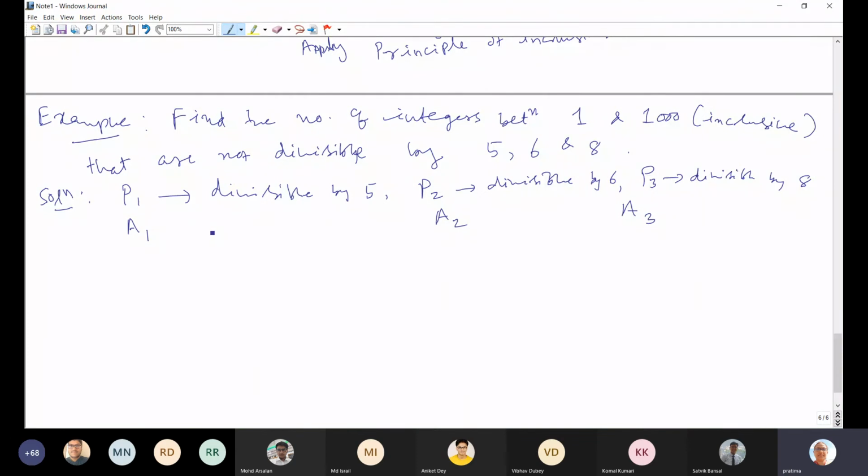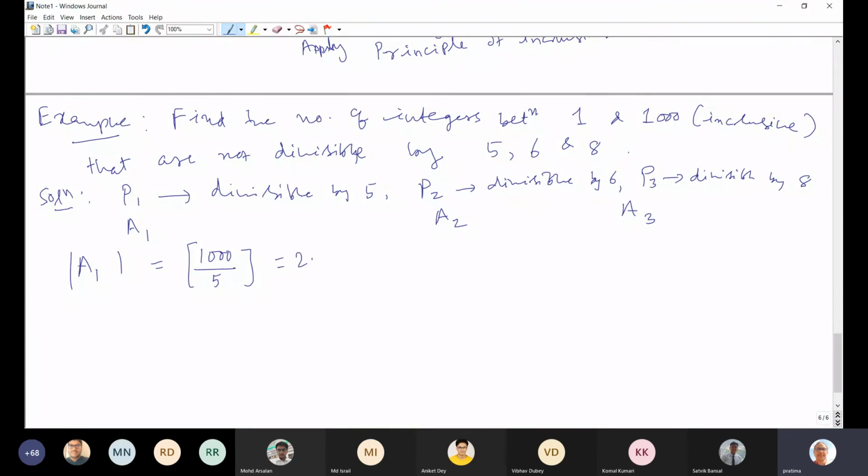First, let us see what the cardinality of A1 will be. You find all integers from 1 to 1000 which are divisible by 5, so you take 1000 divided by 5 and its greatest integer.